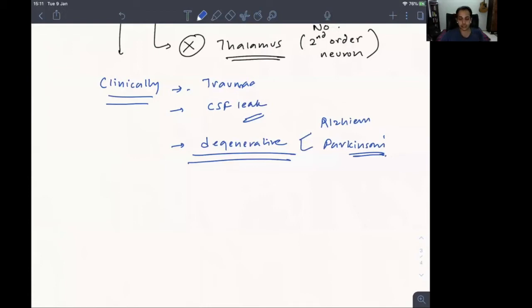It has been found that one of the earliest pathological changes in Parkinson's disease is loss of smell, and that can precede your motor problems by many years. So if you are suspecting a patient of Parkinson's and you do olfactory nerve testing, you may be able to catch it pretty early. So that is why it is important to do it.